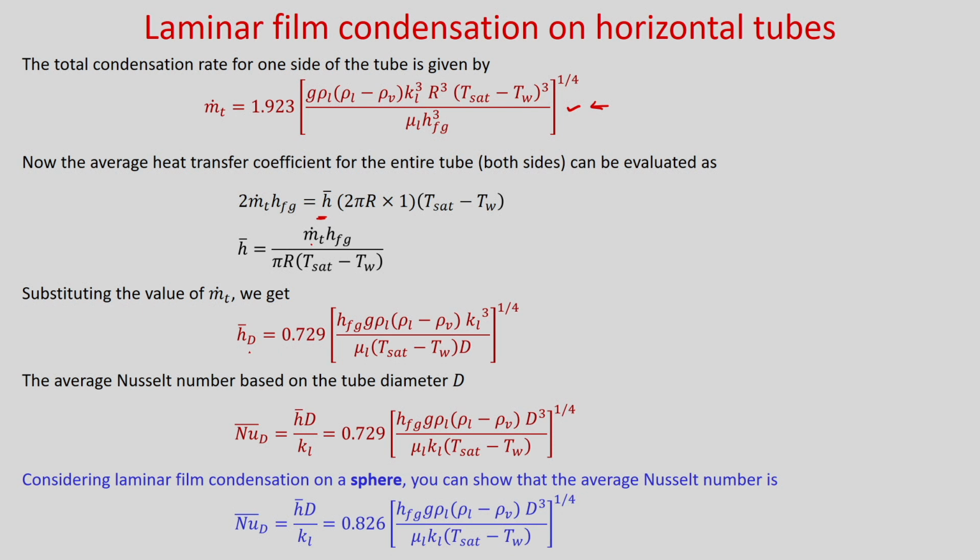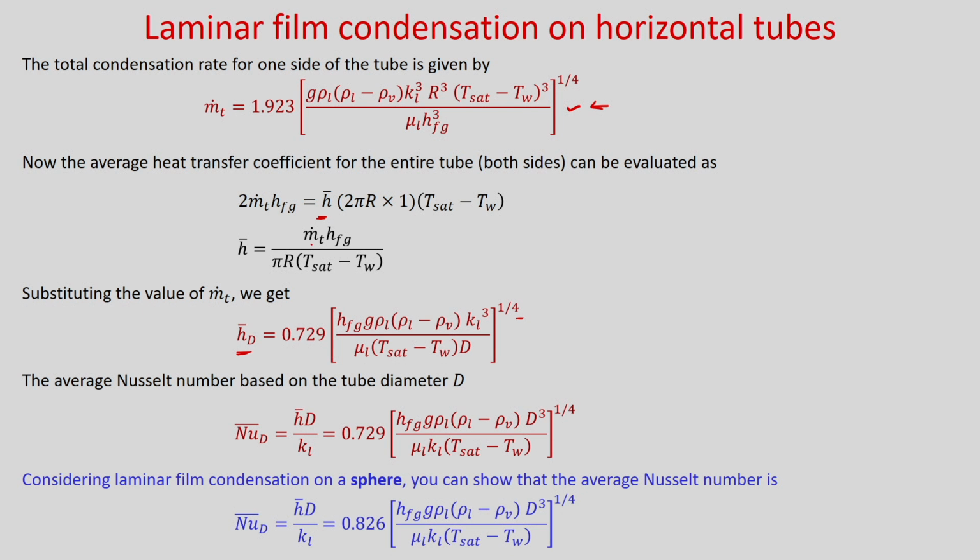If you rearrange and define the average heat transfer coefficient based on diameter, you will get 0.729 into [h fg g (rho L minus rho v) k L cube divided by mu L (T sat minus T w) d] to the power 1 by 4. Now we can calculate the average Nusselt number.